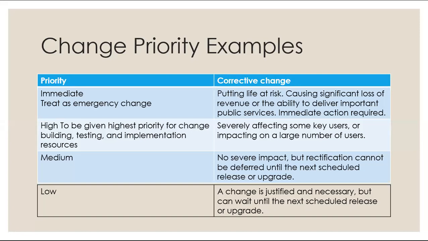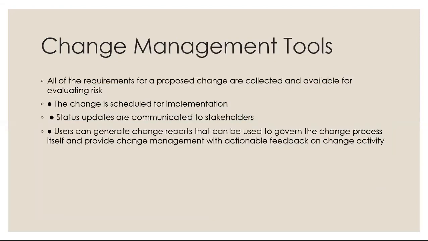Rectification or no severe impact is basically related with software changes. That is the minor changes. Number one, the immediate one treated as emergency, is a major change. So we discussed it. Low is a normal routine change which is scheduled, or you can say an upgrade accordingly.